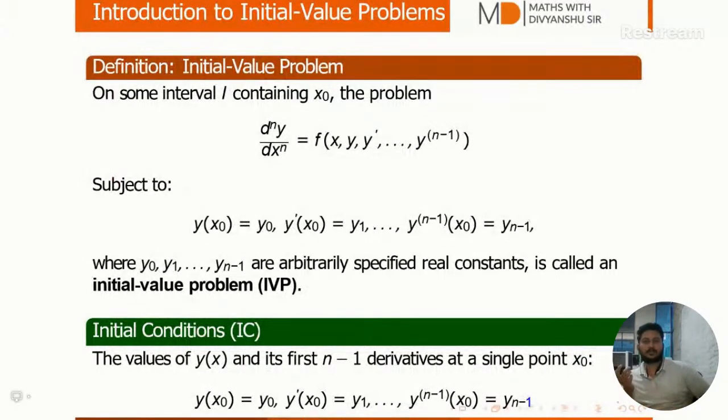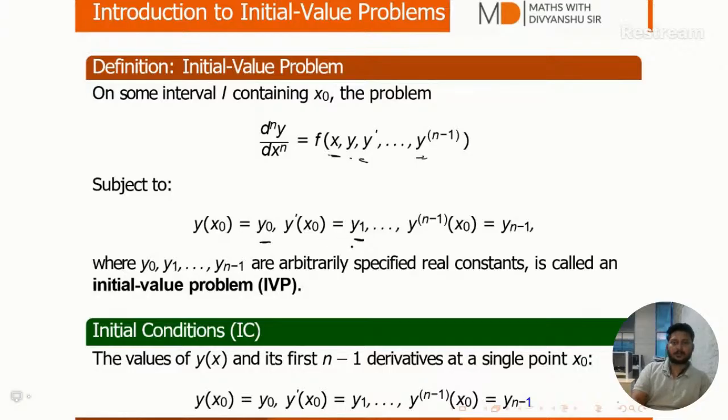The definition of initial value problem is: on some interval I containing x0, the problem looks like this, with independent variable, dependent variable and derivatives going up to n minus 1, that is d to the power n y upon dx to the power n, subject to y(x0) which is y0, and when you take its derivative, also y1.